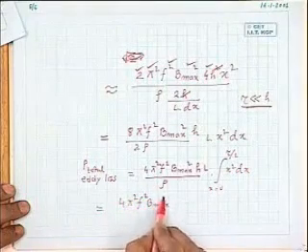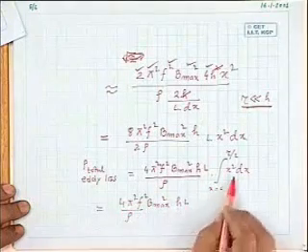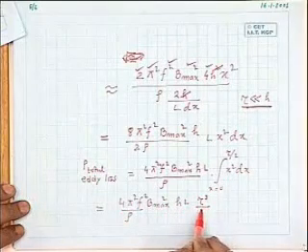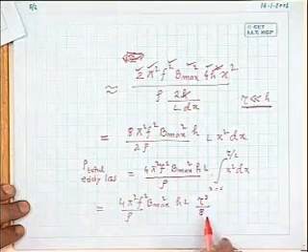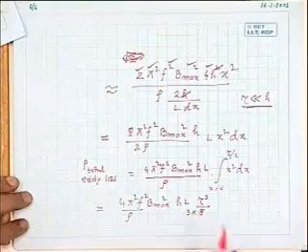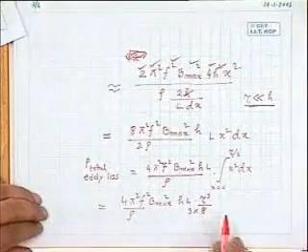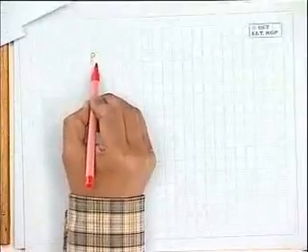So this thing will be 4 pi square f square b max squared HL by rho into tau cube by 8 by 3. Okay, x cube by 3. So this will be there.